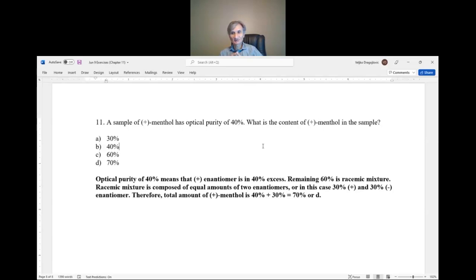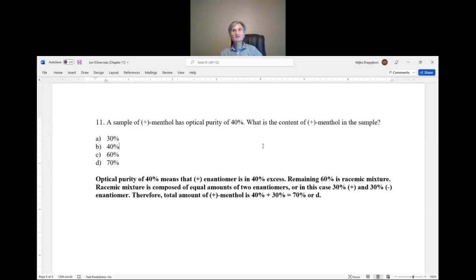Another possibility is that we have a mixture of two enantiomers. And if they are mixed in equal amounts, 50% plus, 50% minus, then since they rotate by exactly the same amount to the right or to the left, plus menthol will rotate the plane of polarized light to the right by a certain amount, and minus to the left by exactly the same amount.